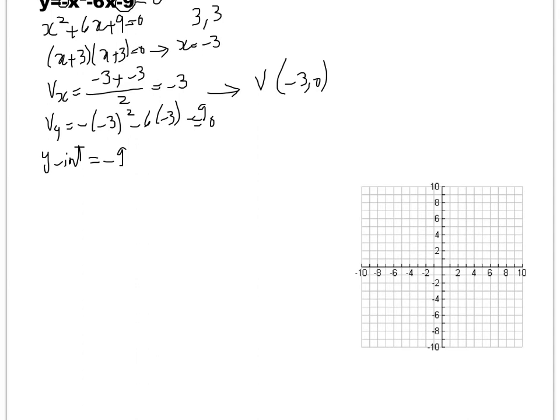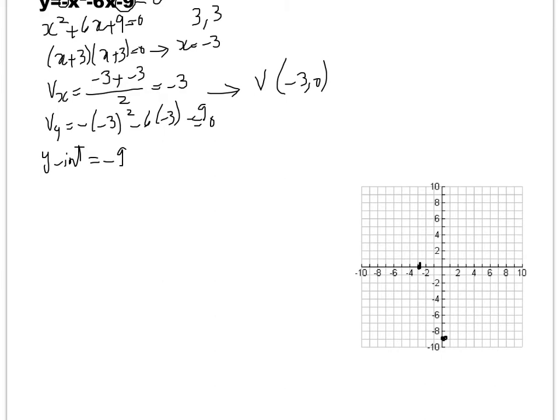The vertex is negative 3 and 0, so the vertex is going to be right here. Now we know that the leading coefficient is negative 1, so the parabola opens down. The y-intercept is negative 9, which is going to be here.